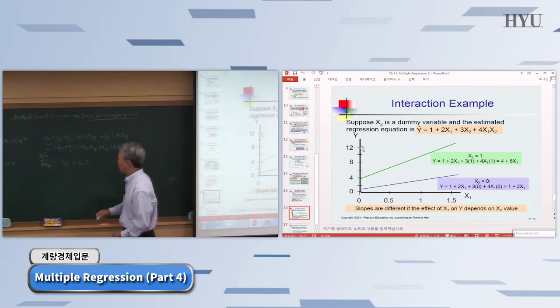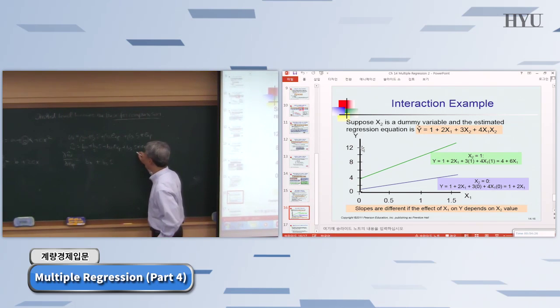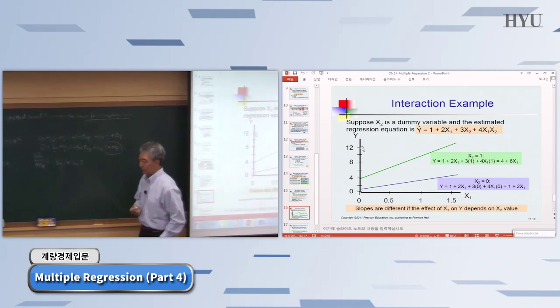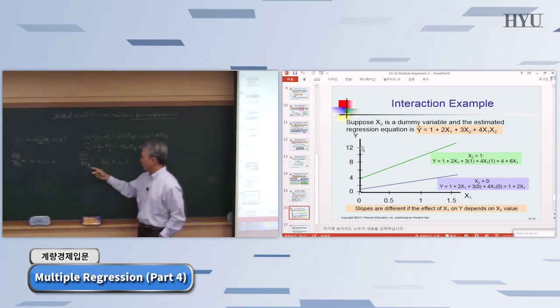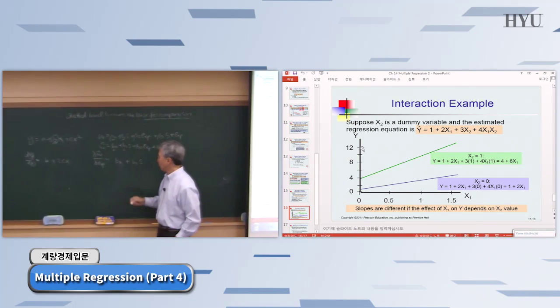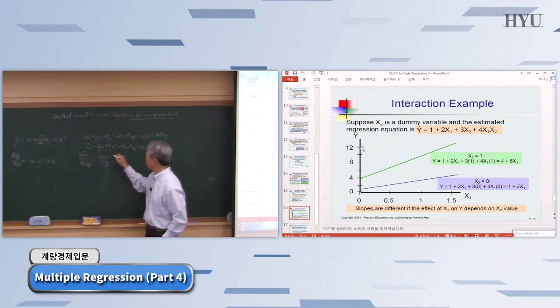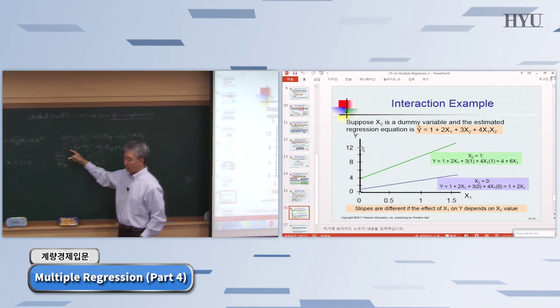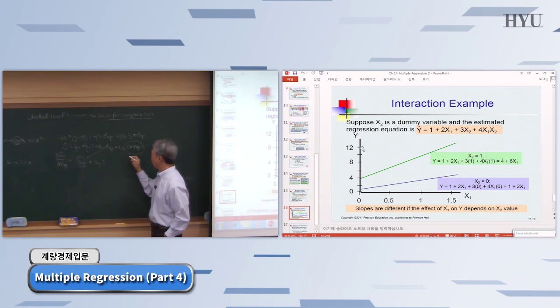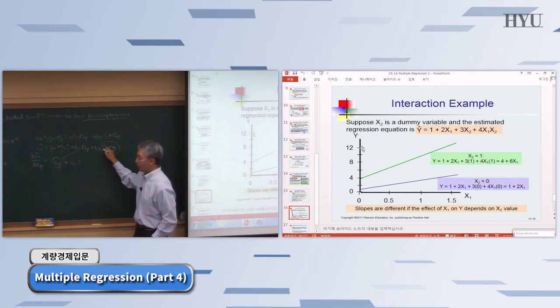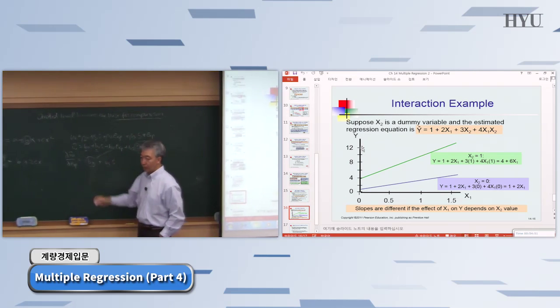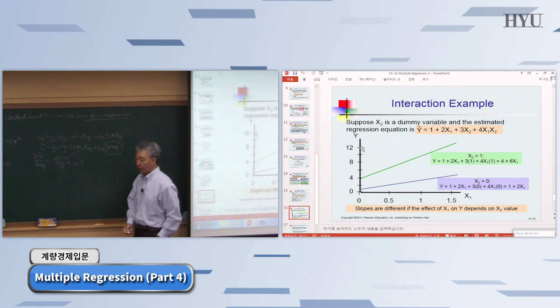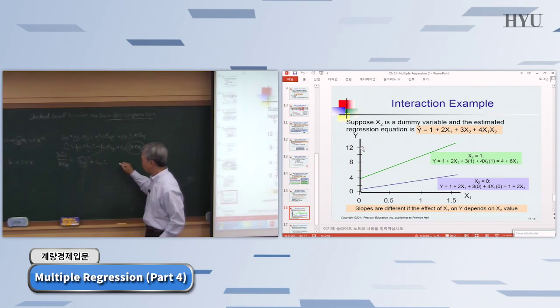When you include this interaction term and take the derivative to find the effect of experience on your dependent variable, you're going to get this, which is the pure effect of experience on wage, plus the effect of this S on the relationship between experience and wage.